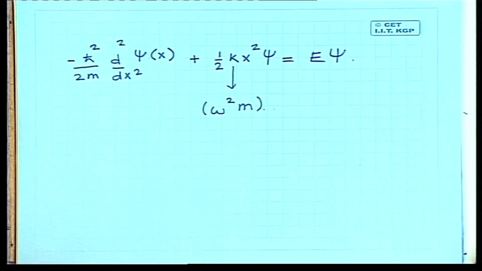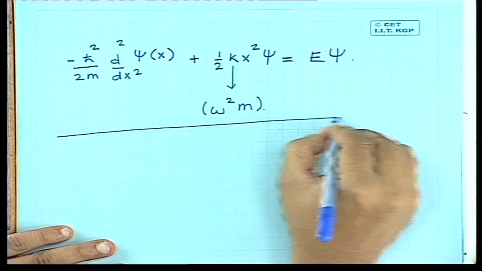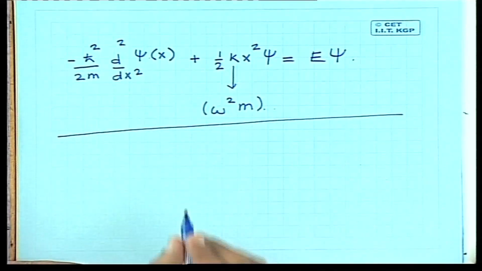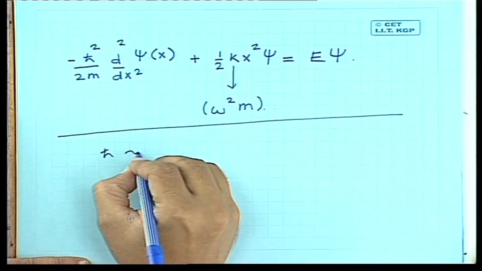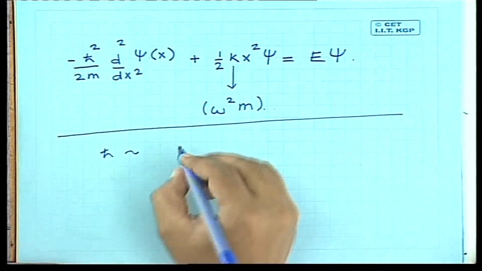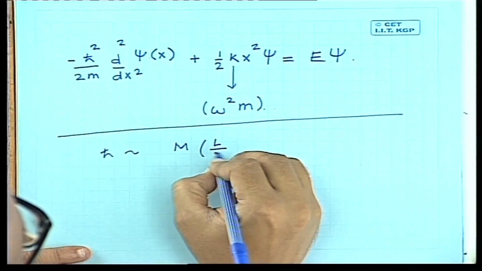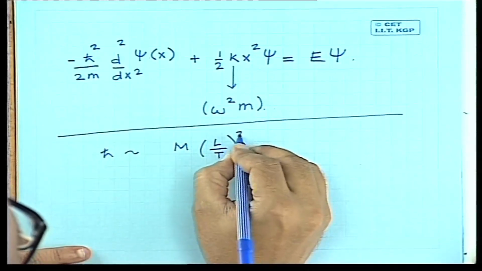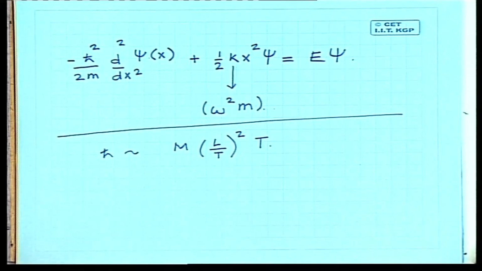In addition, let us do a small dimensional analysis. We know that h cross has dimensions of energy into time, so this will be M L T, L by T square into T. This is h cross.